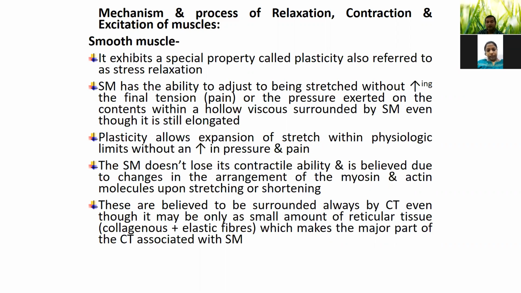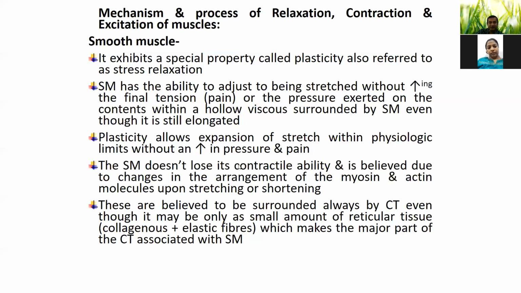It is also believed that connective tissue surrounds the specific muscle fiber, a bundle of muscle fibers, and the whole muscle, because it gives extra capability for relaxation or contraction of the specific smooth muscle.